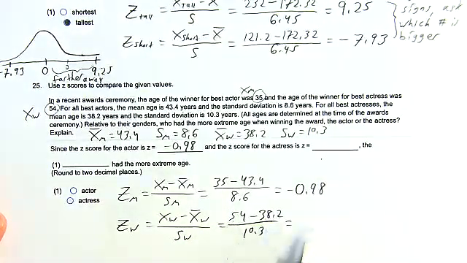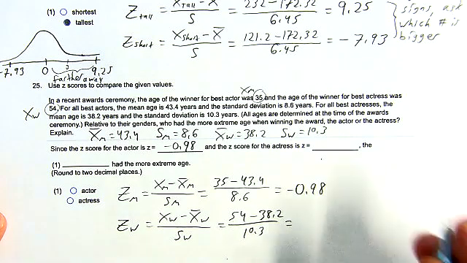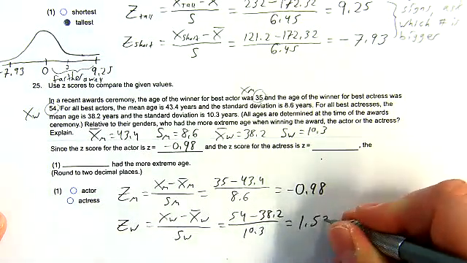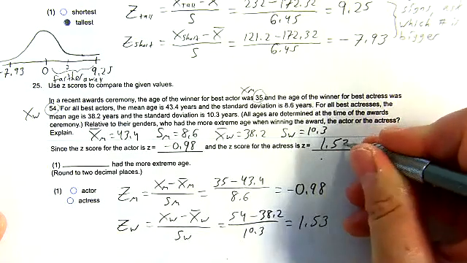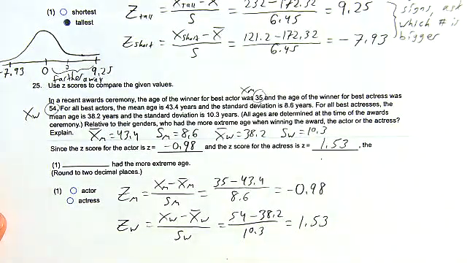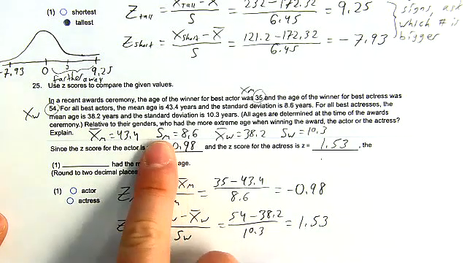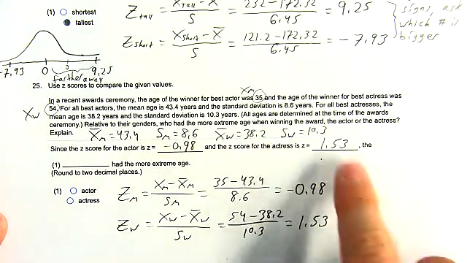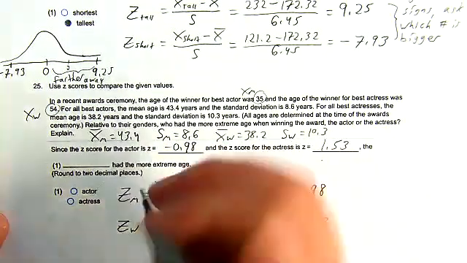This number is bigger than that, so this should be positive, and it turns out to be 1.53. Which one's more extreme? 1.53. So just cover up the negative, compare which one's bigger. The 1.53, which was associated with the actress.